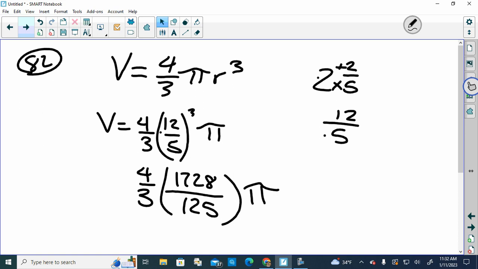So 4 times 1728, and then 3 times 125. Now they don't want us to change this to a decimal.